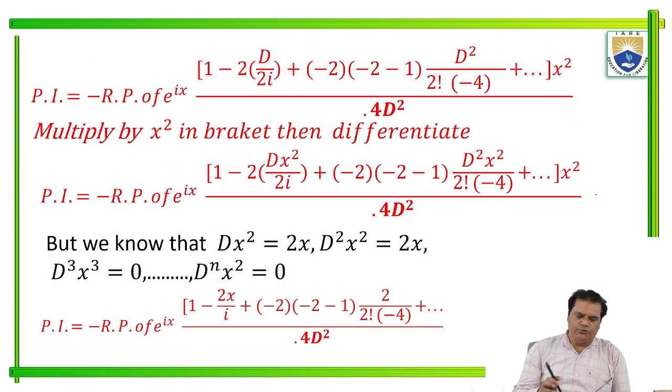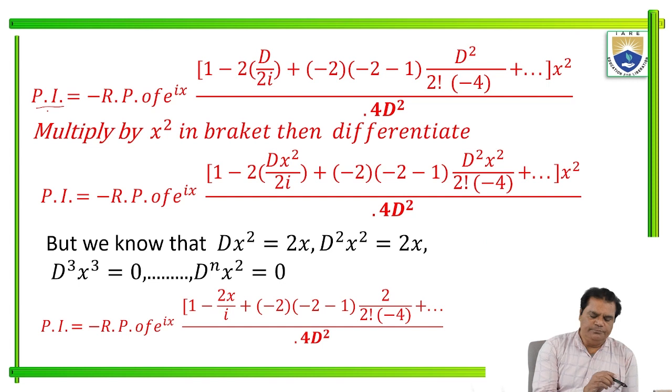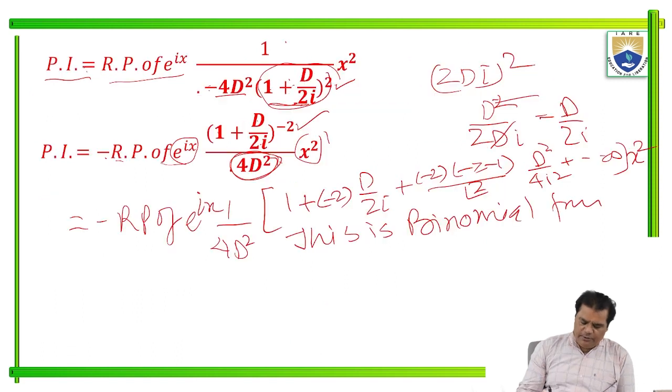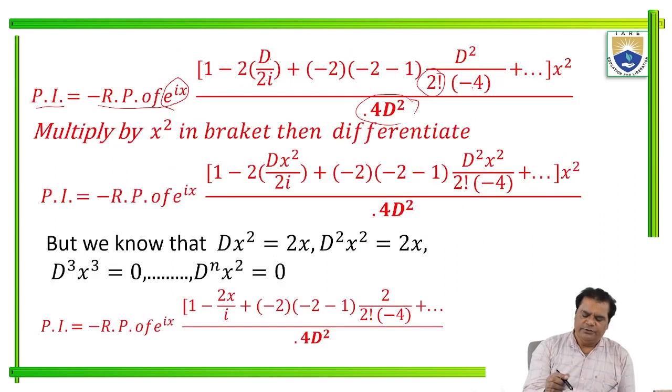So now the particular integral is minus Rp of e to the power ix upon 4d square. Same formula we write here: 1 minus 2 d upon 2i plus minus 2 minus 2 minus 1 upon factorial 2 d square upon 4 i square. 4i square is minus 1, and into x square.